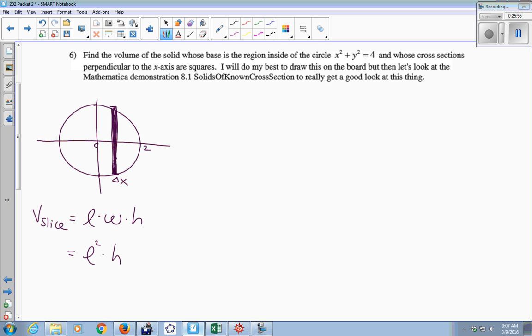Let's say if 0 is right here, we'll have the distance from the origin to the rectangle I'm drawing be x.